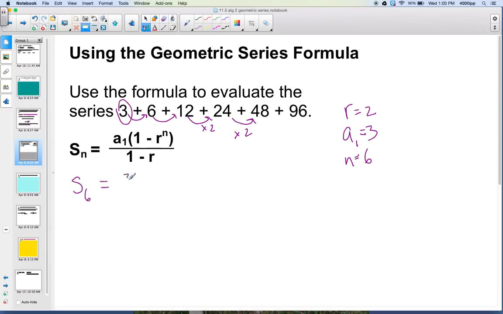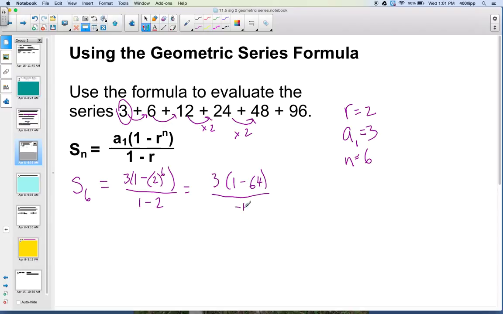A1 is 3 times 1 minus, we just said that R is 2. I'm going to put that in parentheses so that we know that 2 is going to be to the 6th power, not negative 2. All over 1 minus our R, which is a 2. Okay, so evaluating this here, we can use our calculator. 3 times 1 minus 2 to the 6 is 64, over 1 minus 2 is a negative 1.